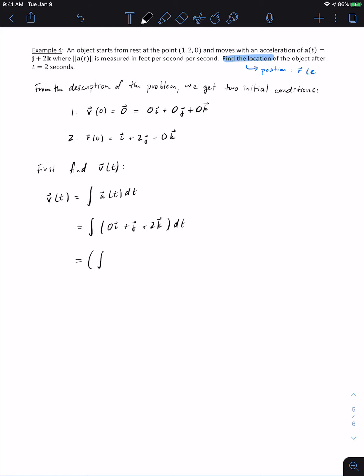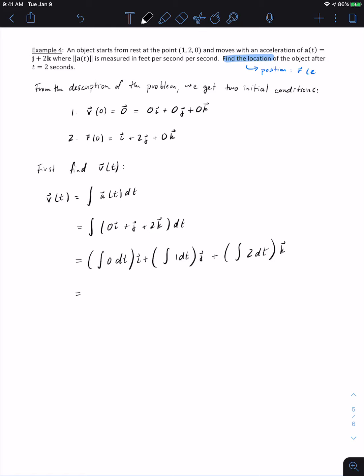So this looks like the integral of 0 dt times i plus the integral of 1 dt times j plus the integral of 2 dt times k. The reason I like to do that is because now I'm doing each one of these integrals separately, so I remember that each one will have its own constant.